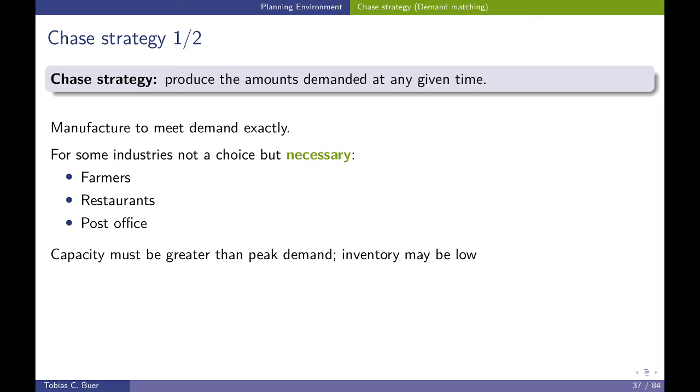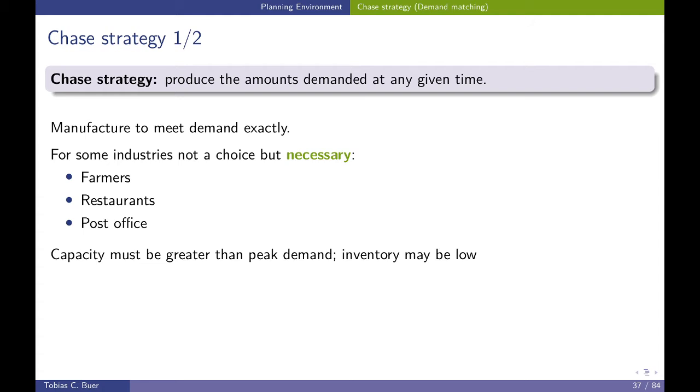And you should also be aware that it is not always a choice which strategy you apply, level or chase strategy or subcontracting. In some industries you do not really have a choice, but you have to follow one of the strategies. So a chase strategy needs to be followed, for example, by restaurants.